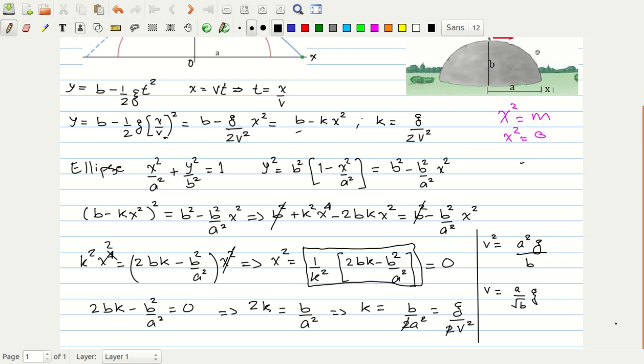And we are done. So this should be the minimum speed with which you should kick the ball.